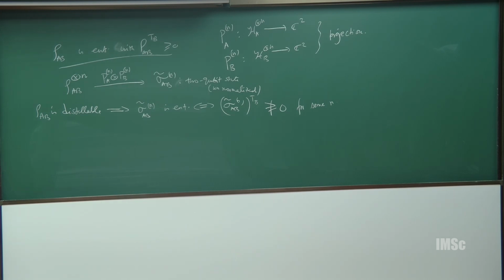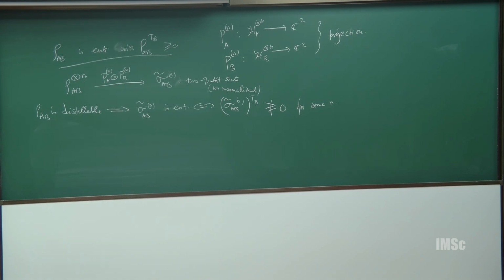If it happens for n equal to 10, then we say that this is 10 copy distillable. The n going to infinity quantity will be zero, because for n greater than 10 you can distill it, but not for n less than 10.